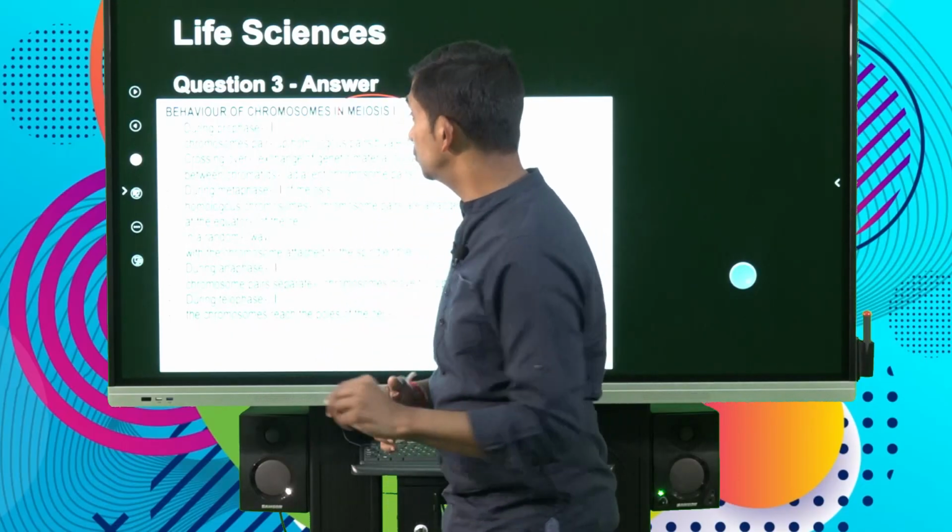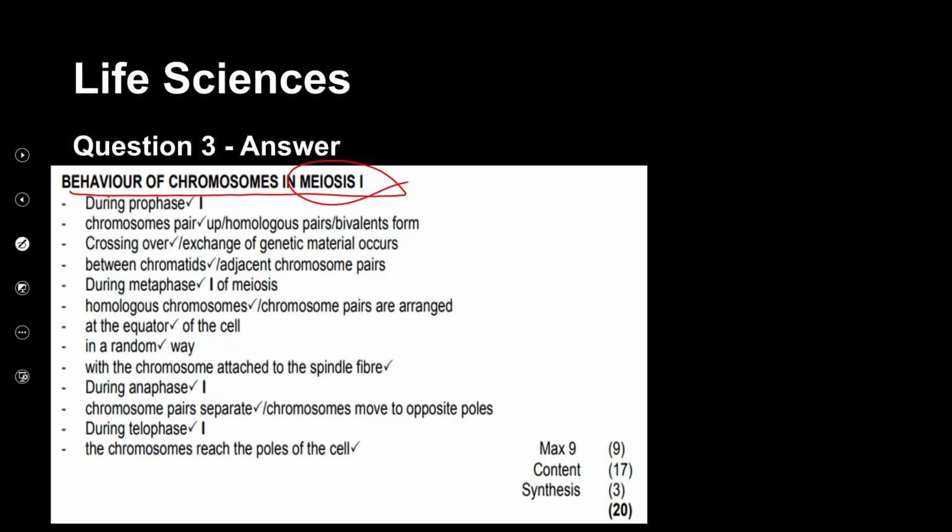During metaphase 1, chromosomes arrange themselves along the equator. During anaphase, the chromosomes move apart. Finally, in telophase 1, 2 daughter cells are produced, and each of these cells has half the original number of chromosomes.